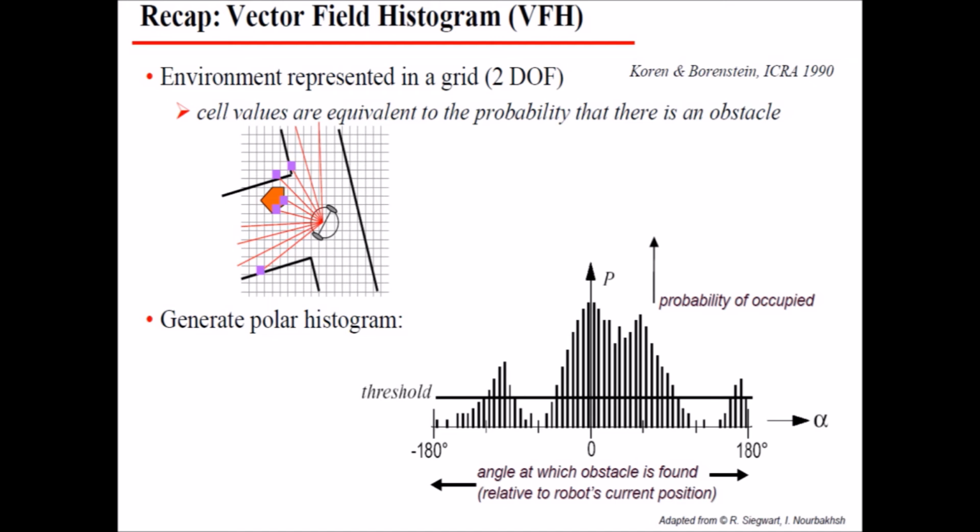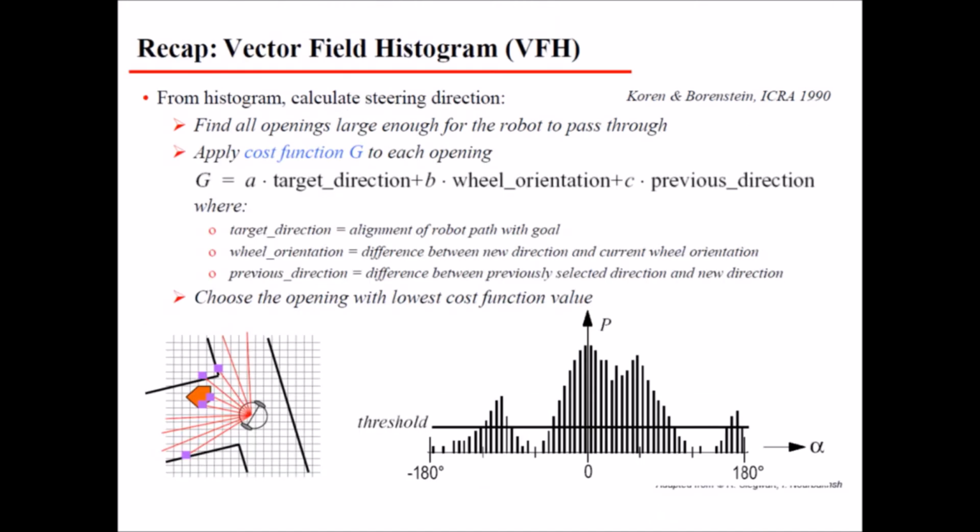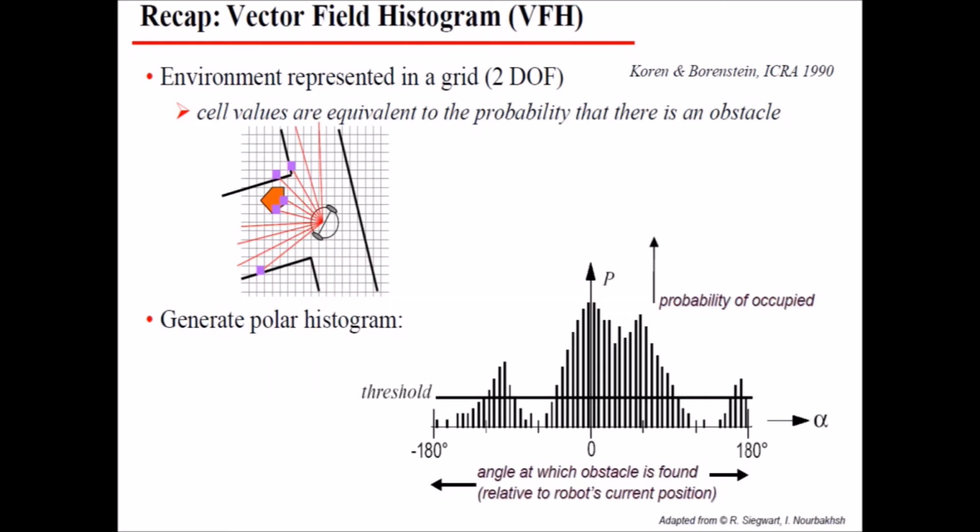For this robot, we have sensor readings from negative 180 degrees until 180 degrees, and the center is always the direction that the robot will move. This is the center location of the robot. So first we have the map, and second we have the polar histogram.